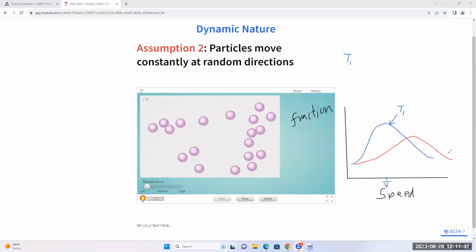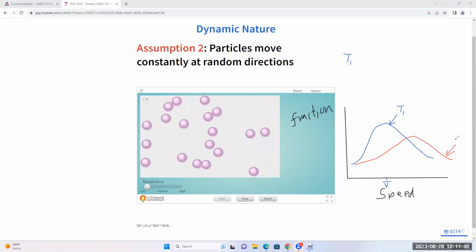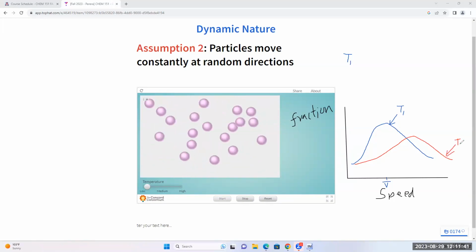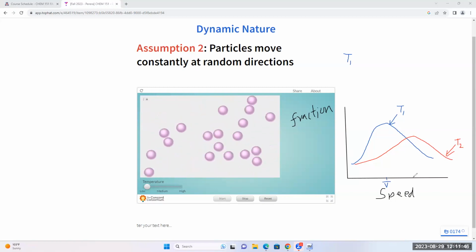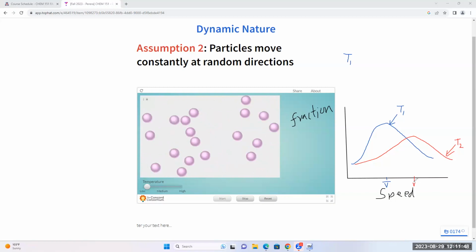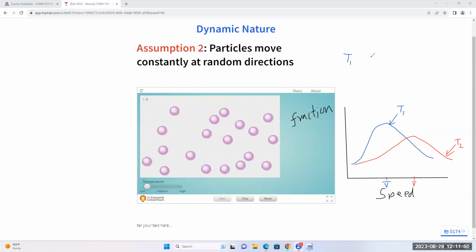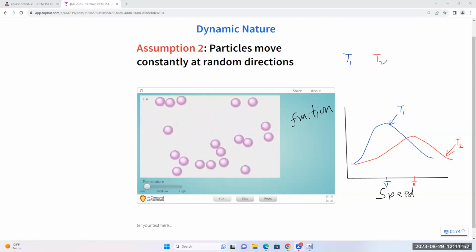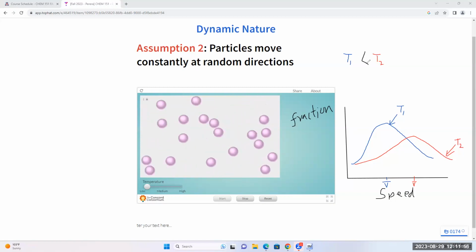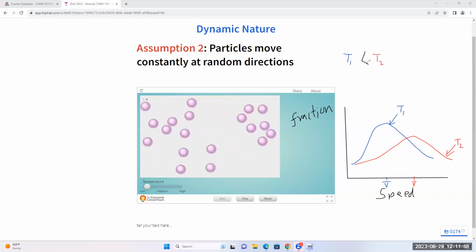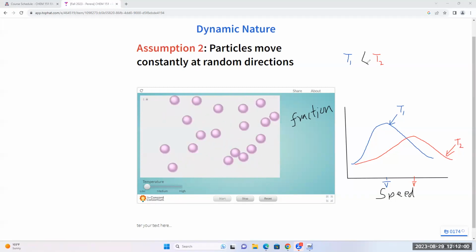Okay, so what happened here at higher temperatures? The average speed for the particle has moved from a lower speed to a higher speed. So now the average speed is somewhere around over here. T2 is greater than T1. Red is for the higher temperature, and blue is for the lower temperature.